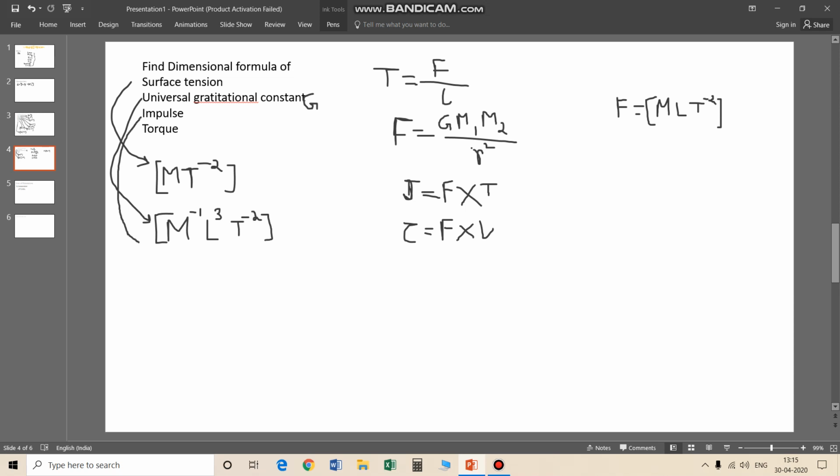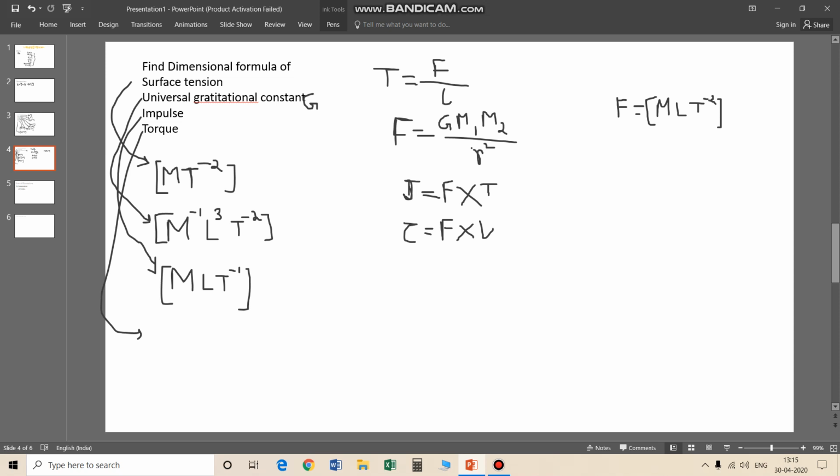Moving on to impulse. Impulse is force into time, so multiplying by time, we get M L T to the power minus 1, which is MLT to the power minus 1. And then there is torque.